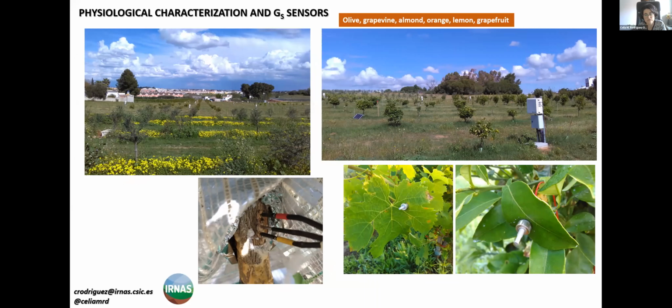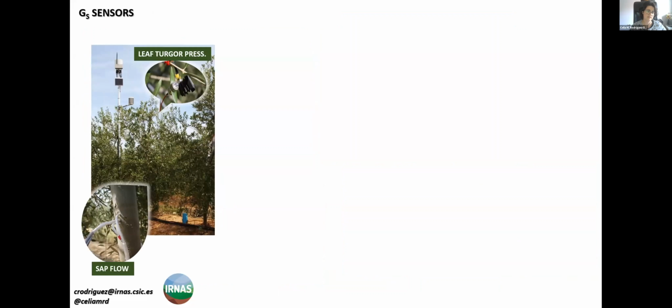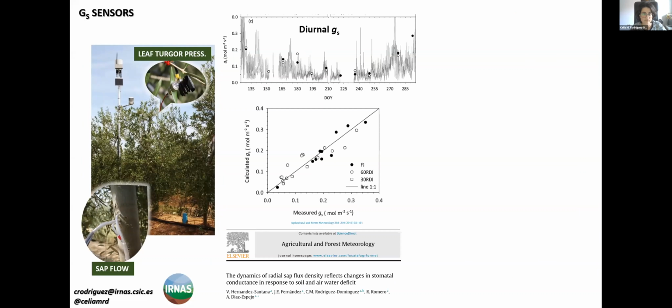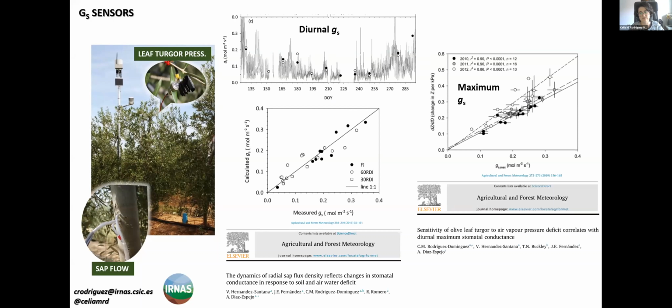And we are also using different sensors to automatically monitor gs, which are sap flow and leaf patch pressure sensors. We have already demonstrated that this automatic monitoring of gs is possible in olive, where we monitor diurnal gs using sap flow sensors and maximum gs using leaf patch pressure sensors. So we now have excellent techniques to measure this water stress in real time.